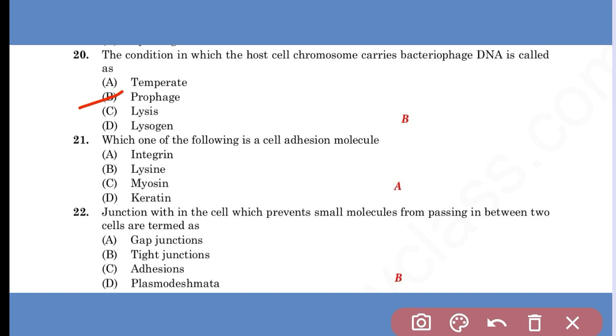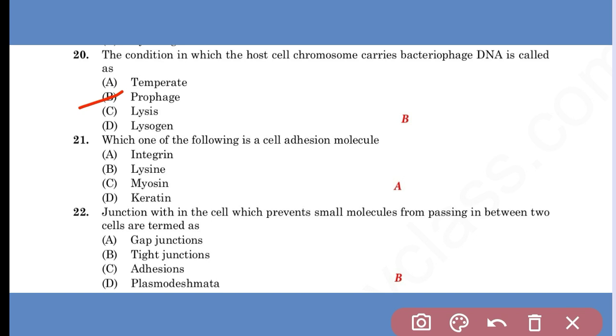In lysis, after infection and multiplication in the host cell cytoplasm, the virus gets assembled and a number of virus particles are formed. After formation, they get released via lysis of the host cell. In lysis, the cell bursts. Lysogen is the term given to the host into which the virus integrates its DNA. So for this question, the answer is option B.